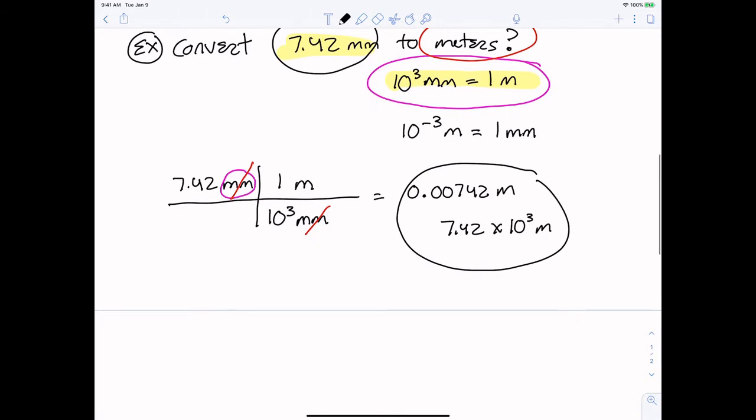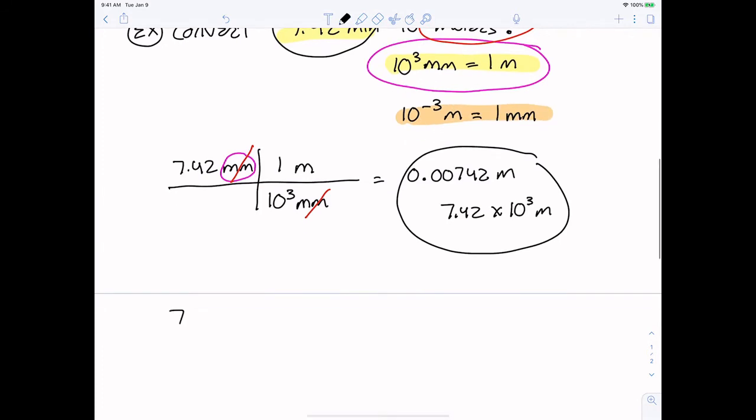I did say I would do it both ways, so let's do it one more time using this version. So 7.42 millimeters. Again, we're always going to go back to the original problem. We're going to start with what's given. I have millimeters on the top, so millimeters have to go on the bottom again.